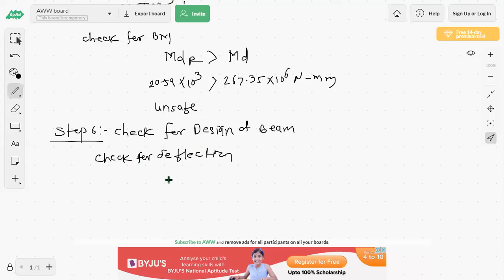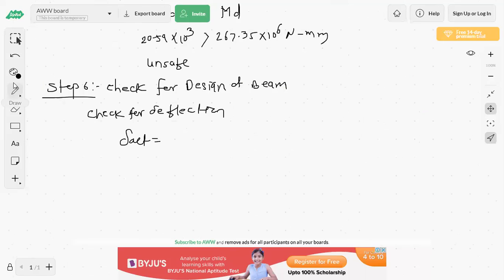So check for deflection. We have to calculate delta actual. Here two types of loads are given, so we have to calculate the actual deflection.